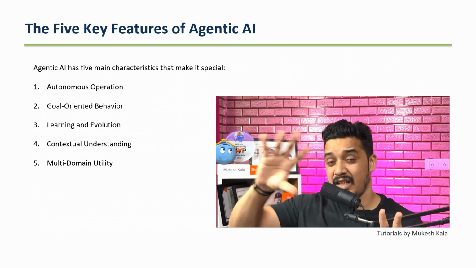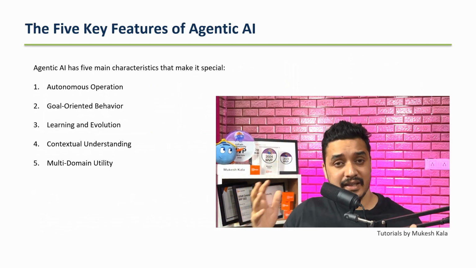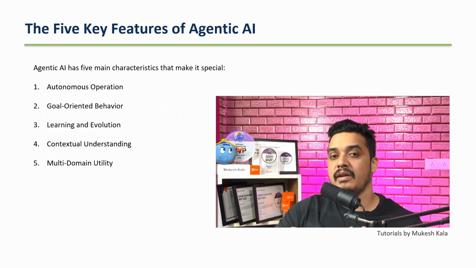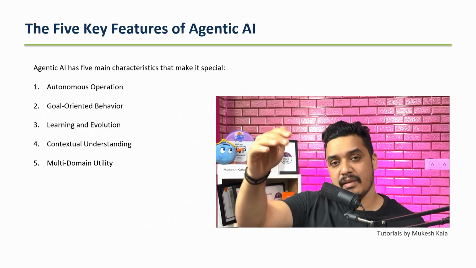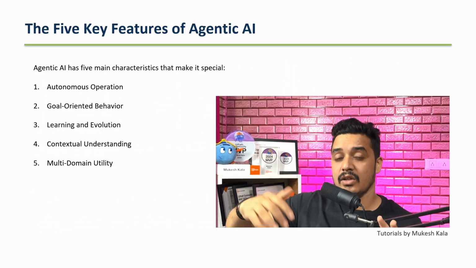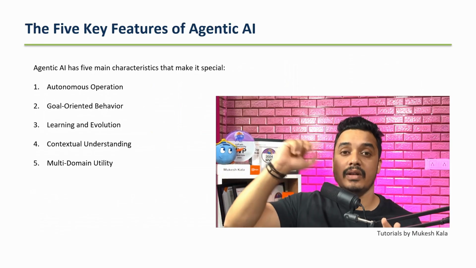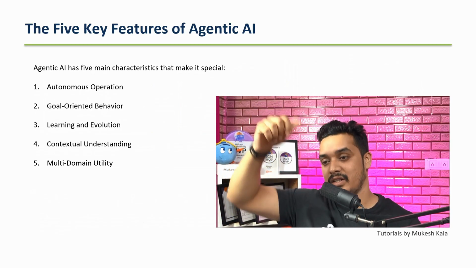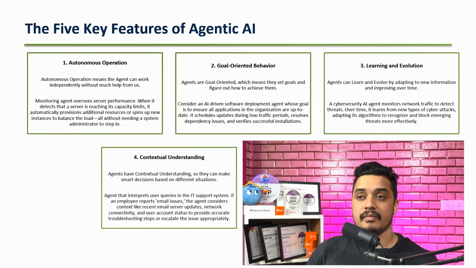These words might look fancy, so let's go into them one by one, and I will be quick by giving you one example for each so that you understand what I mean by the characteristics. So next time you have an agent, you are able to relate that this is that characteristic of that agent.